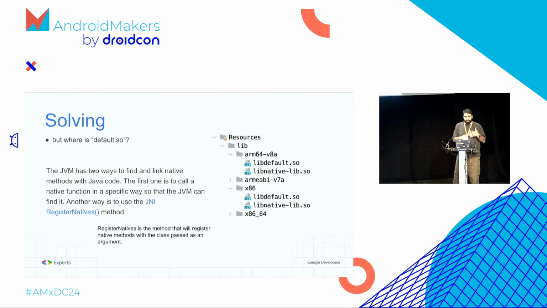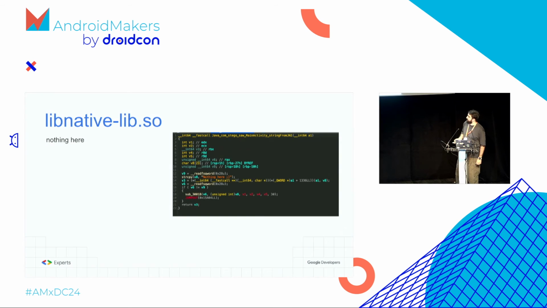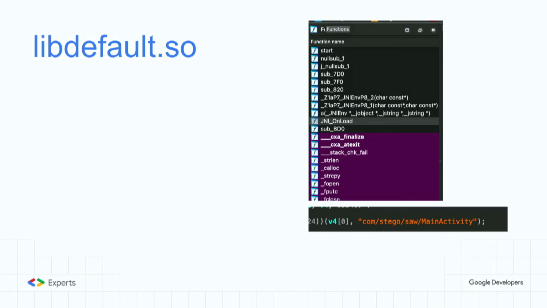We have already eliminated multiple areas where we don't need to go. Next step. The first one I already mentioned. Second, let's check the file. I opened libnativelib.so, and it immediately says nothing here, just finish the program, that's it. So I'm not interested in this native file. Moving on, we have libdefault.so left.